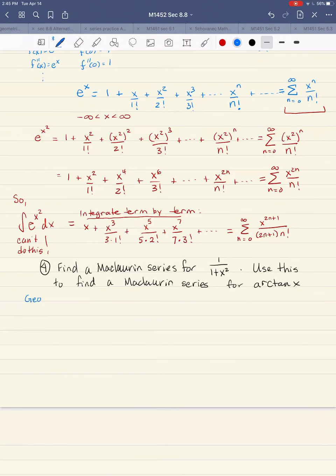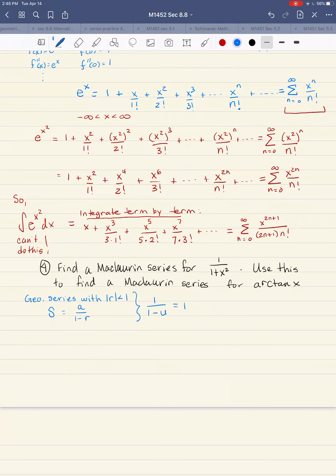So the first thing I want you to remember is that if you have a geometric series with r smaller than 1, then it has a sum of a over 1 minus r. So if I begin with 1 over 1 minus, say, u, then I know that has the form of a geometric series: a plus ar plus ar squared plus ar cubed, and so on.